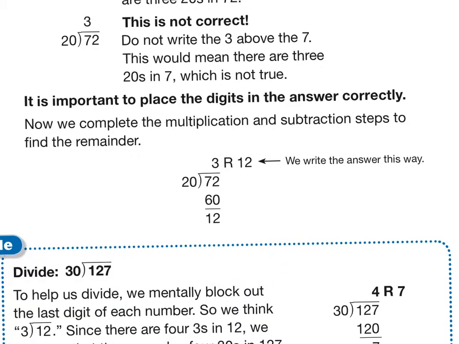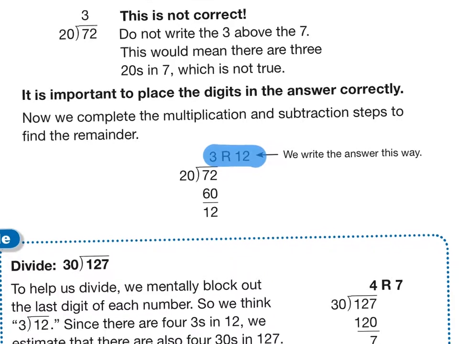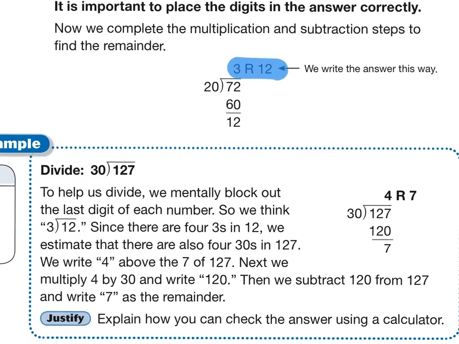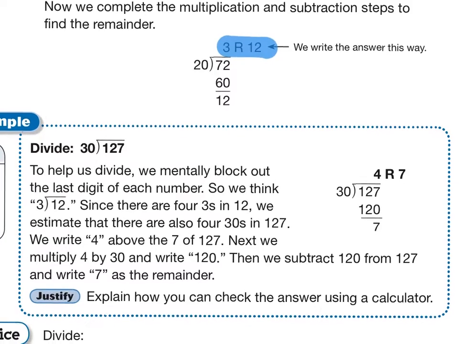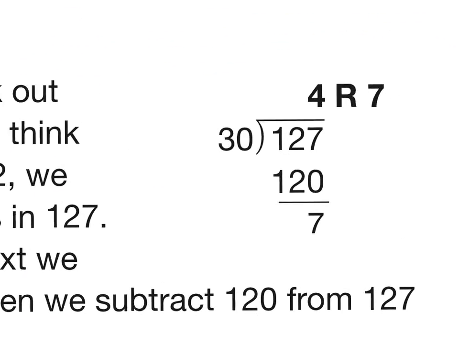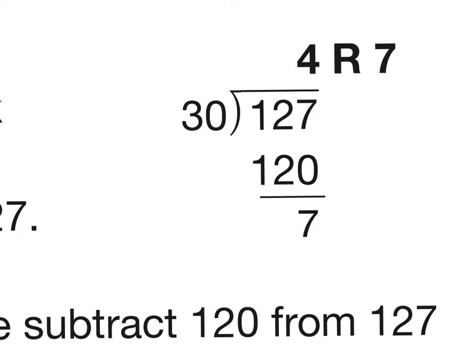Just like we were doing before, that way of writing the answer is the same as we have been doing. The example that they're going to do is 127 divided by 30. I'm going to zoom in on what they did here. Same idea, 30 can't go into 1. 30 also can't go into 12.